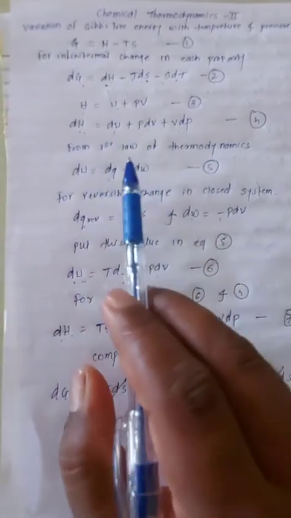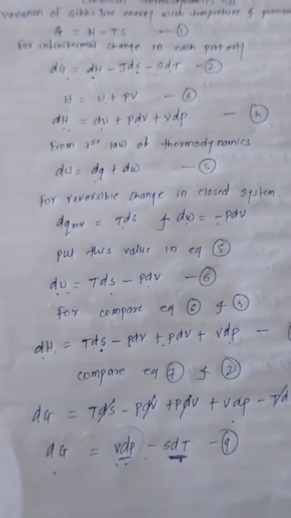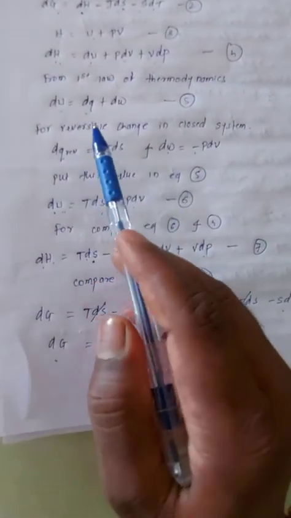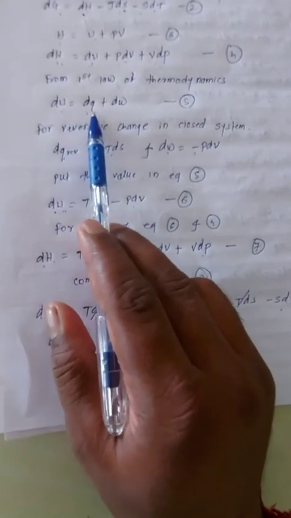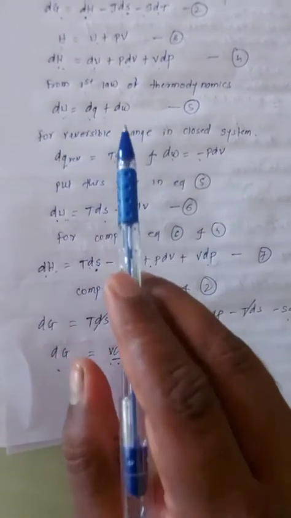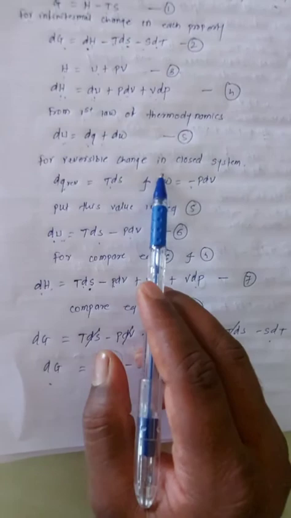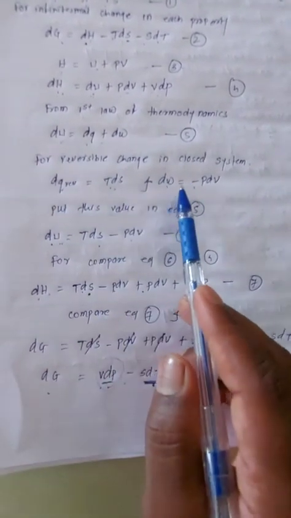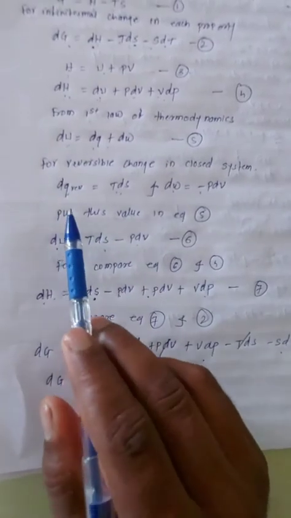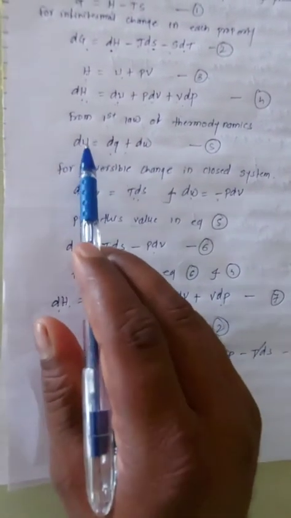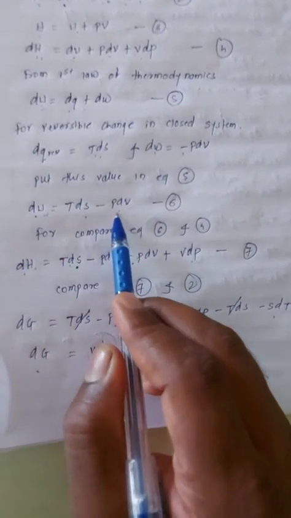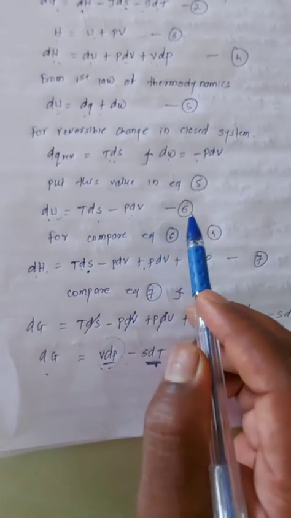Then apply the first law of thermodynamics: dU is equal to dq plus dw, and for a reversible change in a closed system, dq reversible is equal to T dS and dw is equal to minus P dV. Put these two values in equation number 5, that is dU equals T dS minus P dV. This is equation number 6.